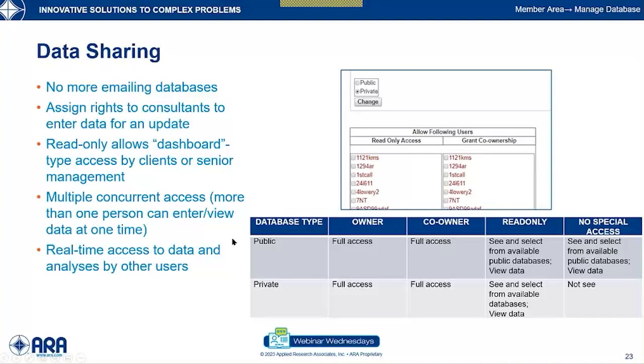Now, once you've hired your consultant, they create a username, you assign them co-ownership, as we call it, of the data. They can log directly into your database and put the data into your database, and it's immediately available to you.